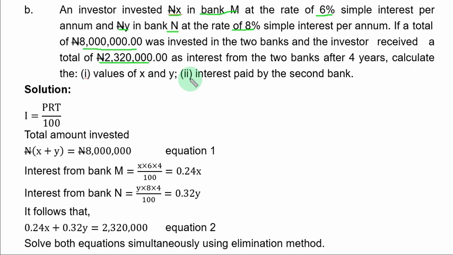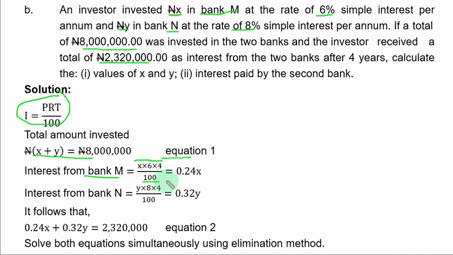From this problem, we have to form 2 equations: the total amount invested and the interest that resulted. Total amount invested, you have S plus Y equal to 8 million naira. You call that equation 1. Now, interest from Bank M is S, that is principal, times rate 6 times time 4 divided by 100.